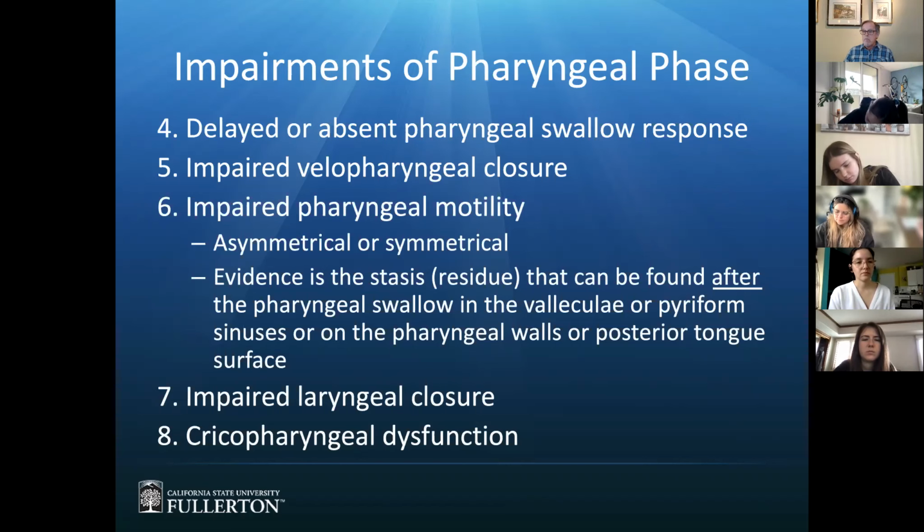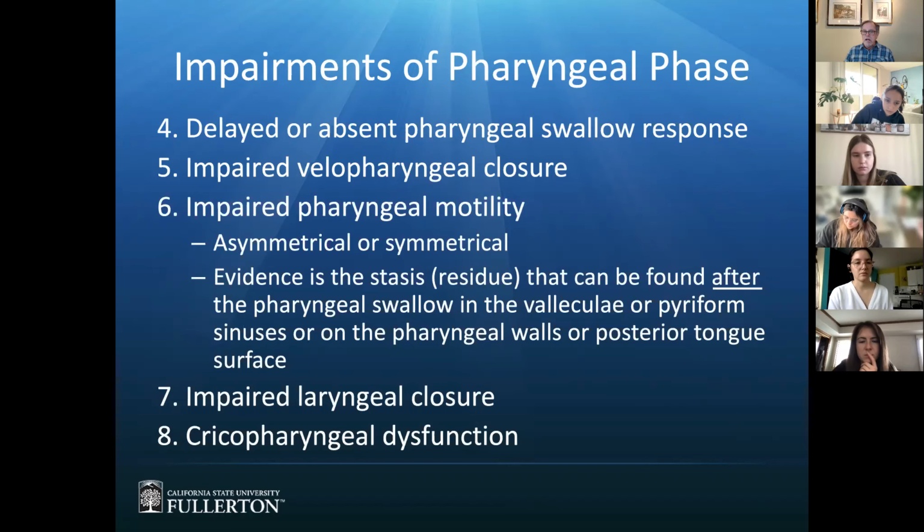You can have a weakness on both sides of the throat, or you can have a weakness on one side of the throat, in which case you're going to see residue, which we call stasis, S-T-A-S-I-S. After the pharyngeal swallow is all done, there's still stuff, stasis, either on one side, which would be asymmetrical pharyngeal dysmotility, or on both sides, which would be symmetrical pharyngeal dysmotility.